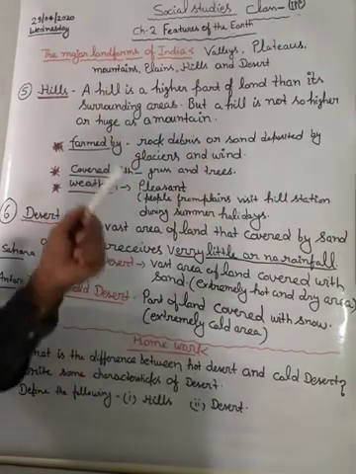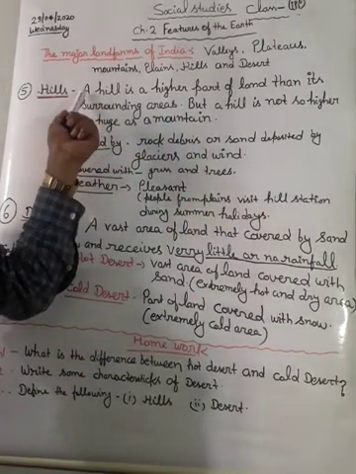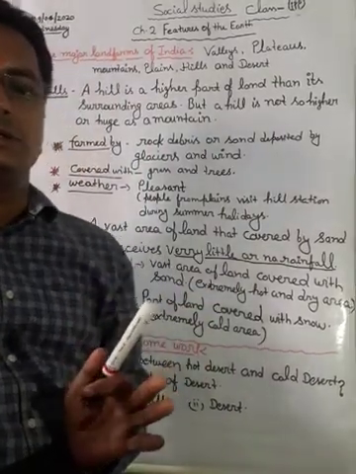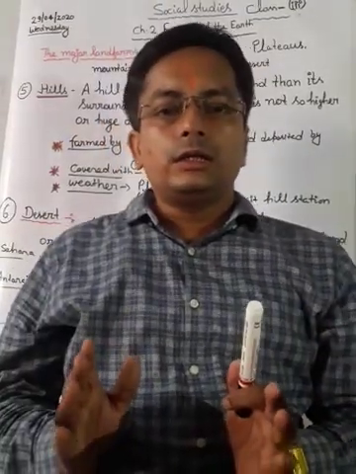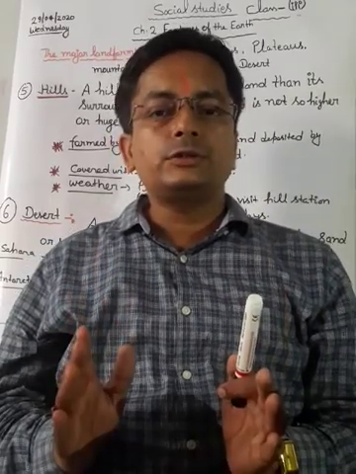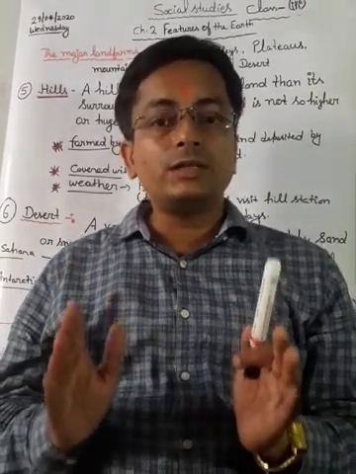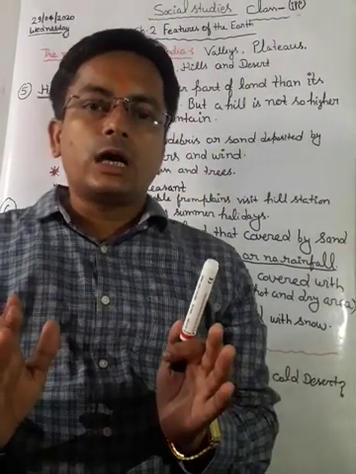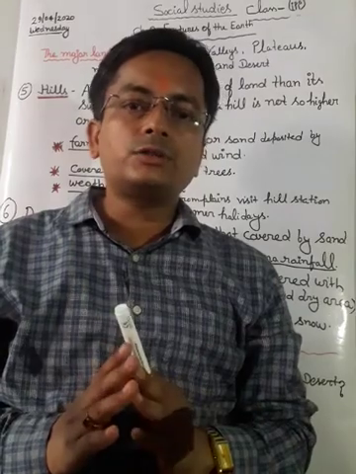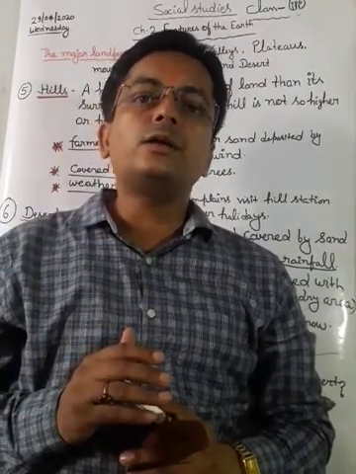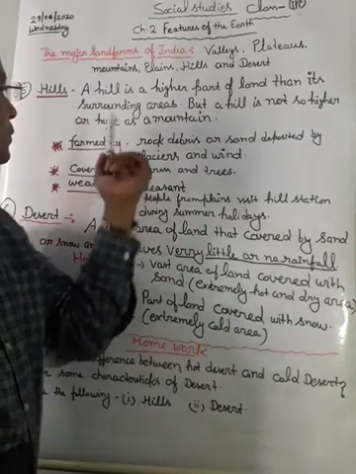A hill is a higher part of the land like a mountain, but mountains are higher, and hills are less high than mountains.